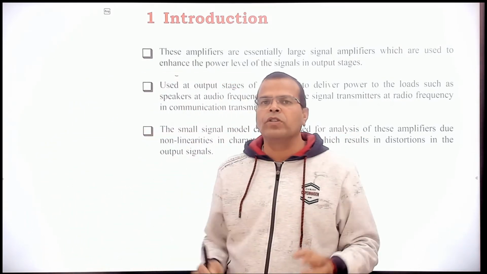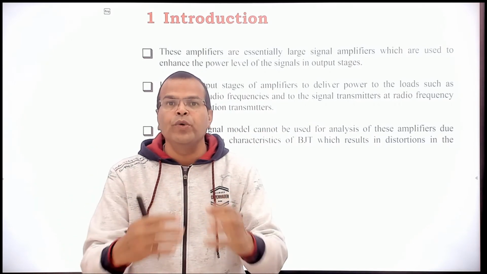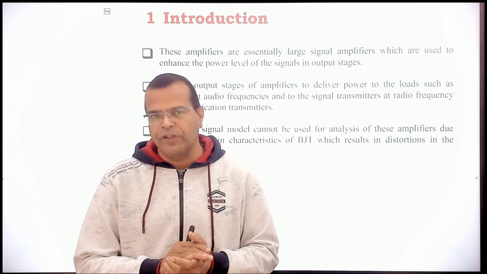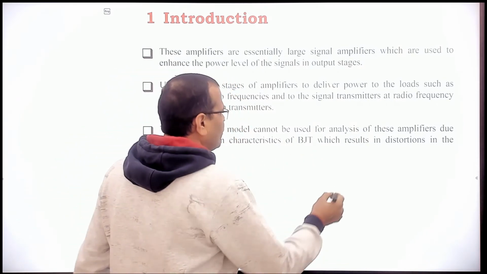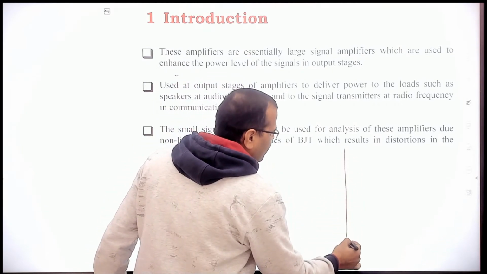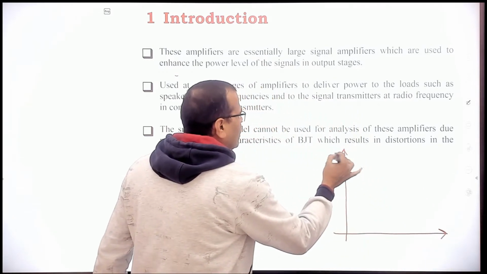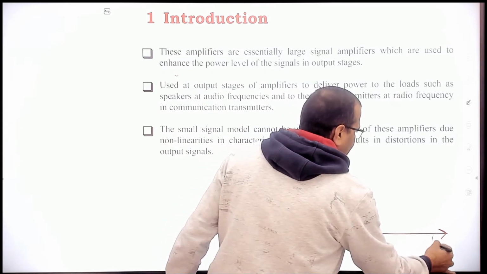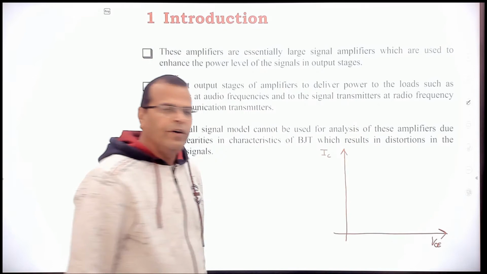Why? Because of the distortion introduced by non-linearities in the characteristics of BJT. What is the meaning of that? Just try to understand. If you remember the characteristic of BJT, these are the two axes where the y-axis is collector current and x-axis is nothing but voltage VCE, right?